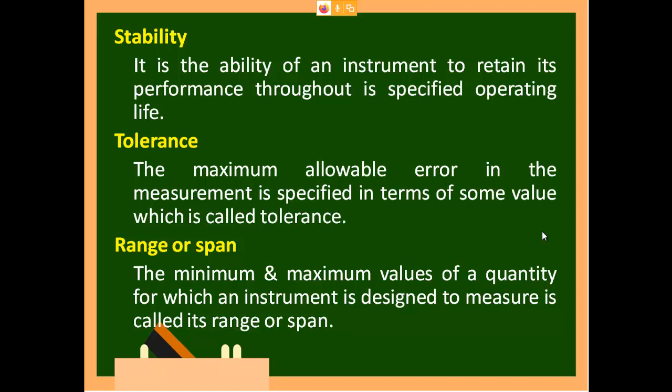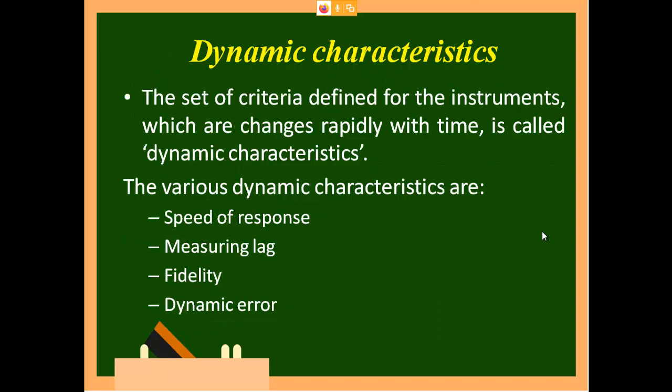You might have seen this in your EDC lab, where they say 0 to 10, 0 to 30 voltmeter, and similarly for current, milliammeter, micrometer, where you say 0 to 10 milliamps, then 0 to 500. That is nothing but the range and the span. Each and every device will have its own range and span. Okay, so with that static characteristics is over.